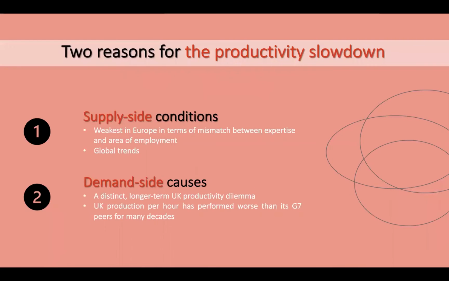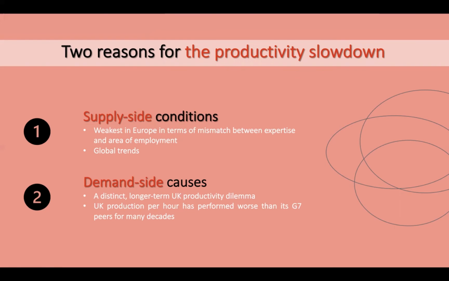Because of the coronavirus outbreak, the differentiations we intend to see will be generated by those employments, including those ensured by the Coronavirus Job Retention Scheme, CJRS, being removed from the profitable roles in which they are working. And you can see that we have listed two reasons for the productivity slowdown.